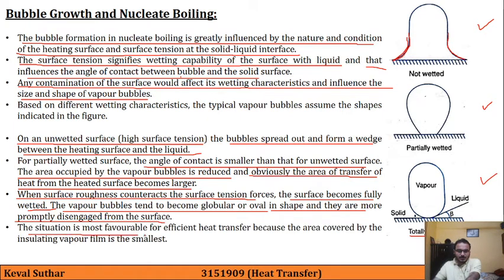This situation is most favorable for efficient heat transfer because the area covered by the insulating vapor film is smallest here. It was larger here, and the area was largest in the unwetted surface. Here it has been reduced, and here we have minimum surface area in contact with the bubble.